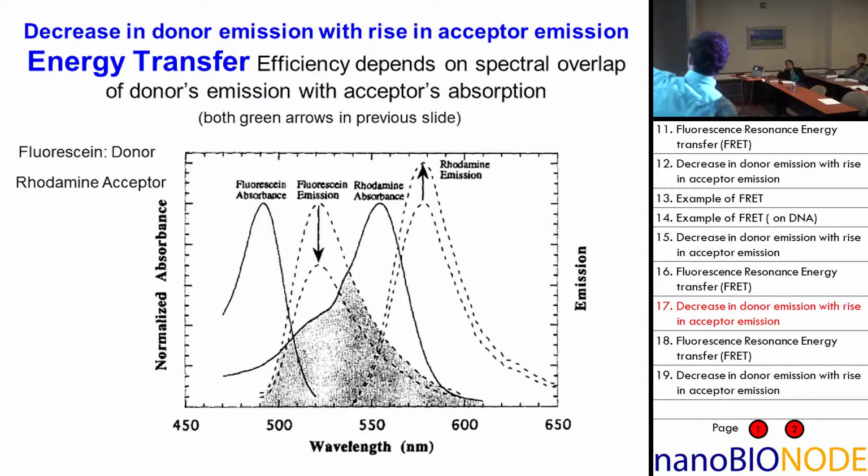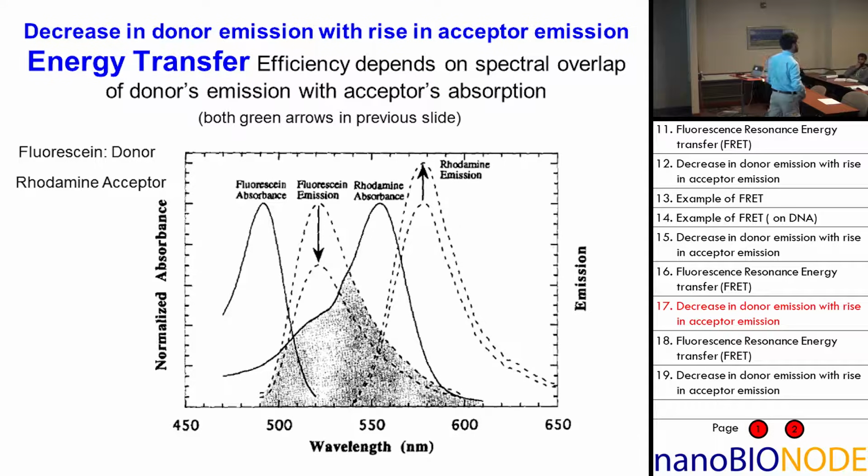But by having this out further, the overlap between the donor's emission and the acceptor absorbance decreases. And that says the integral here is decreasing, so your R naught is decreasing. So you lose that way.